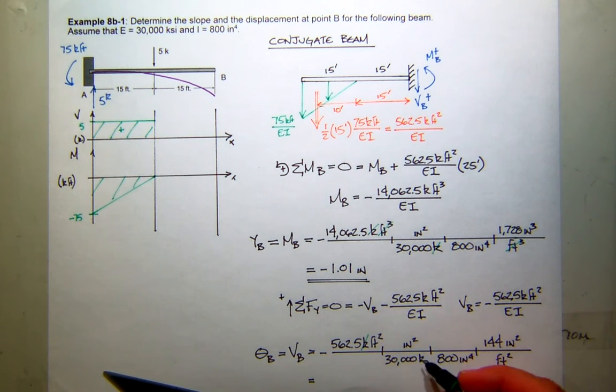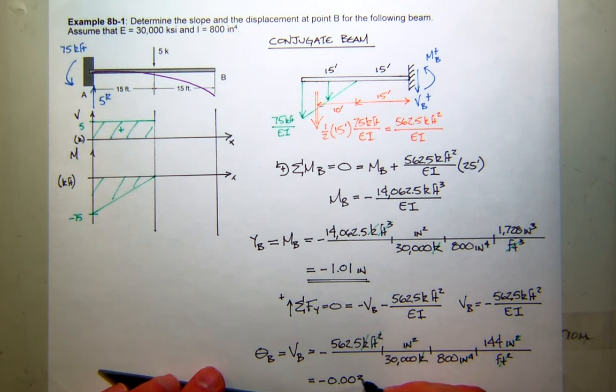Kips cancel kips, feet squared, feet squared. I've got inches to the fourth divided by inches to the fourth. I have no unit. This is dimensionless. Remember, this is a slope, so this dimensionless number will be in radians. So what is that equal to? It's going to be pretty small, I guess. 0.0033? 34? And that would be in radians. Pretty small angle.